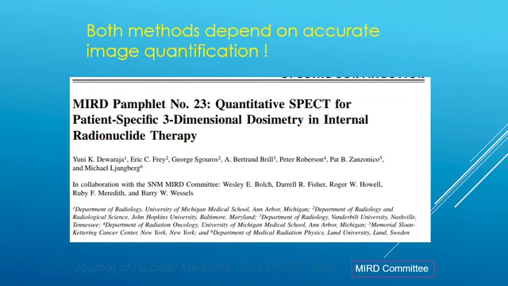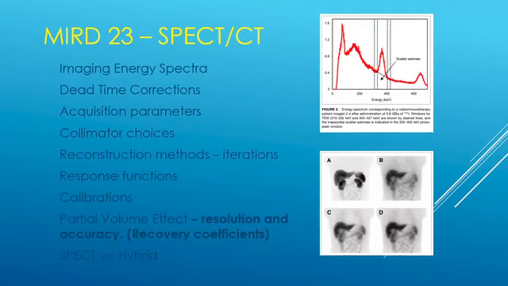Okay, a few comments now. You need to understand, as I said, both of them depend on accurate image quantification, and so you can get these more and more commercial SPECT CTs are getting decent reconstruction in their software, and so you can get good results, but oftentimes you only get counts and you have to do the quantification yourself.